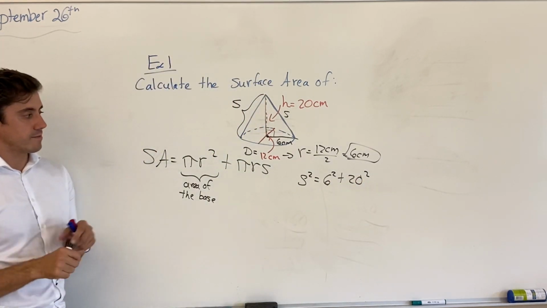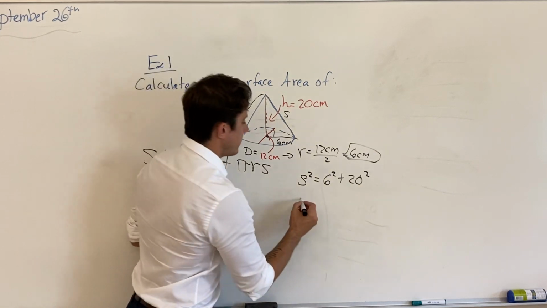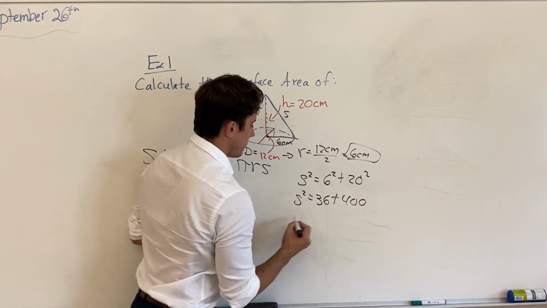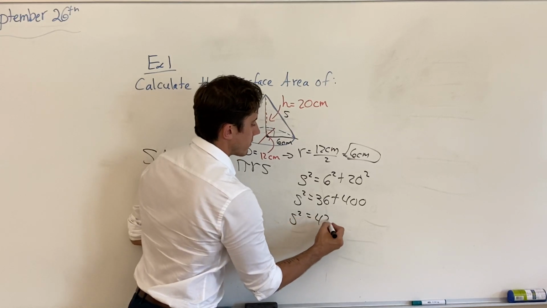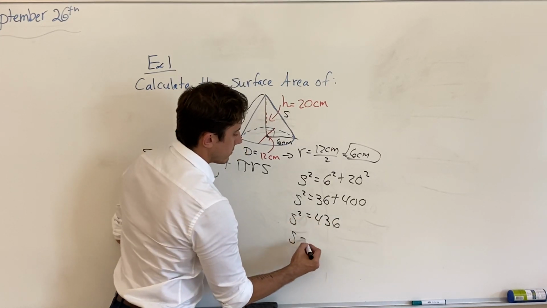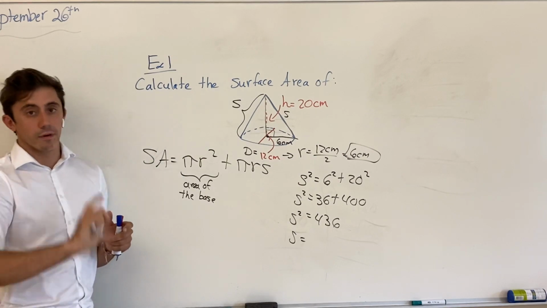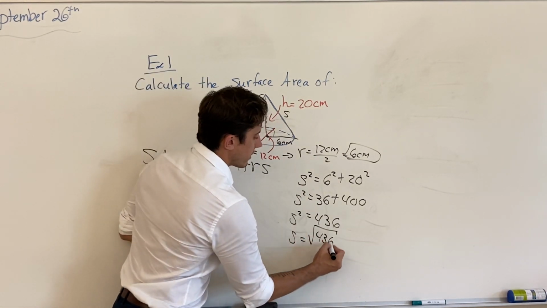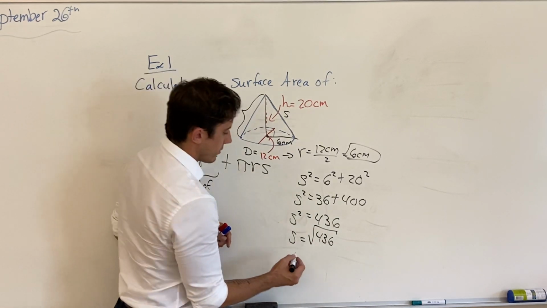And now, if you're familiar with this, you can just run through it. s squared is equal to 36 plus 400, and so s squared is 436. And so, again, the inverse of the square is the square root. And so we take the square root of both sides and find that s is the square root of 436.